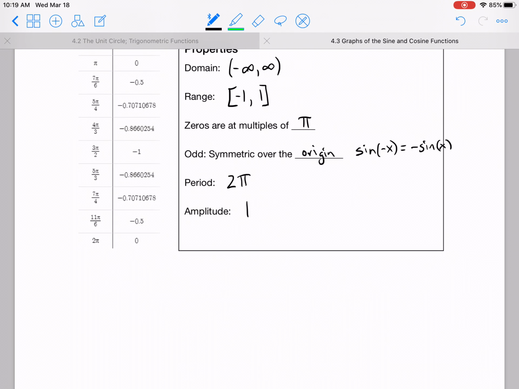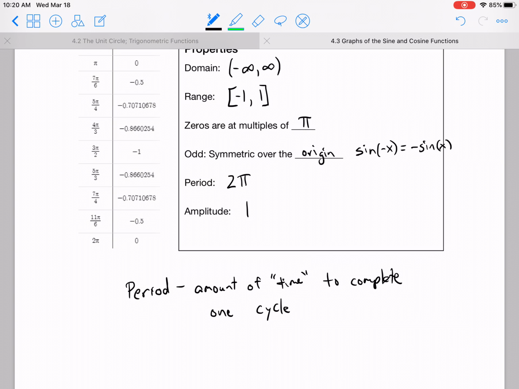Okay, so that is our sine function. And just one last little thing I want to say about the period. When we're talking about a period, we're talking about the amount of time, usually time, like if x was time, the amount of time to complete one cycle. Now, it doesn't always have to actually be time. It could be something else.